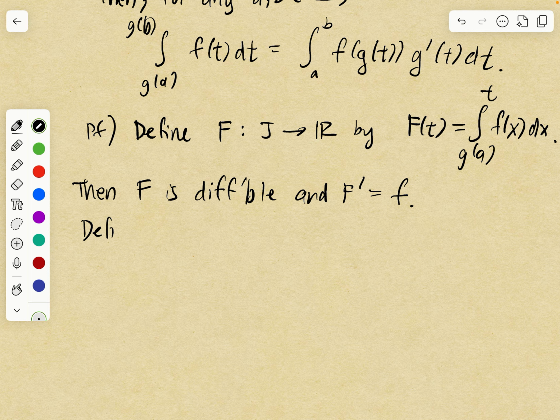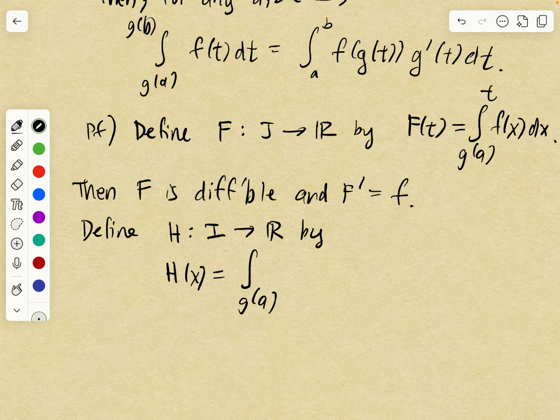Now define another function H from I to R by H of x equals the integral from g of a to g of x of f of t dt. Well, the left-hand side is just what you get when you evaluate this function at b.